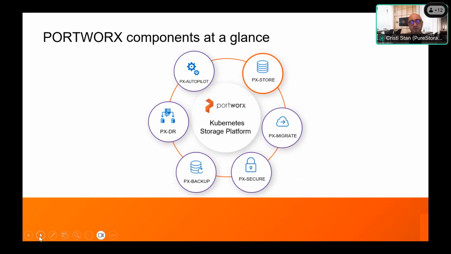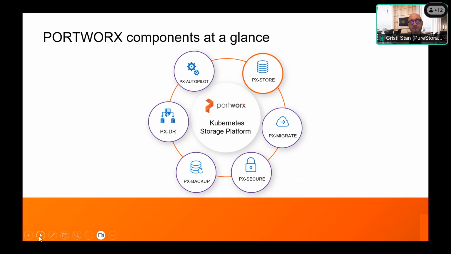We are operator-based, so the operator does all the lifecycle management. We can run on the whole cluster, or we can run on a couple of nodes in the cluster, depending on whether the customer decides to go for the Portworx services for the whole cluster, or just a couple of nodes.